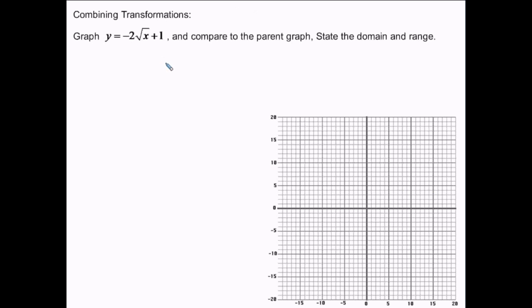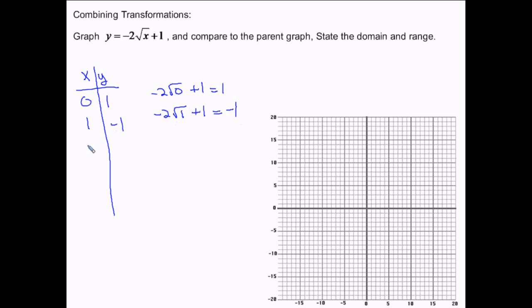If we combine transformations, so we have more than one thing happening at a time, I'm going to first plot points and then discuss how you can do this without plotting points. So here we have the square root underneath by itself, so I can plug in 0, and I get negative 2 times 0 plus 1, so that's 1. And plug in 1, so I get negative 2 plus 1, so that's negative 1.